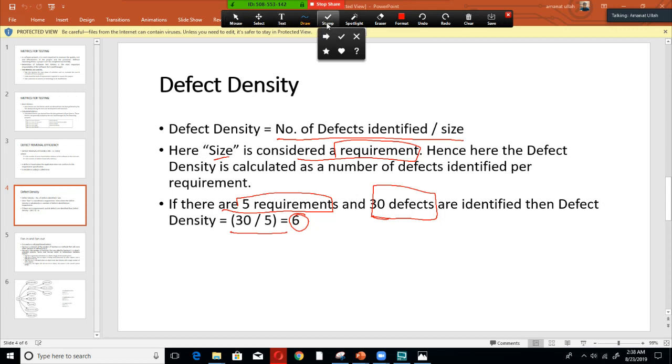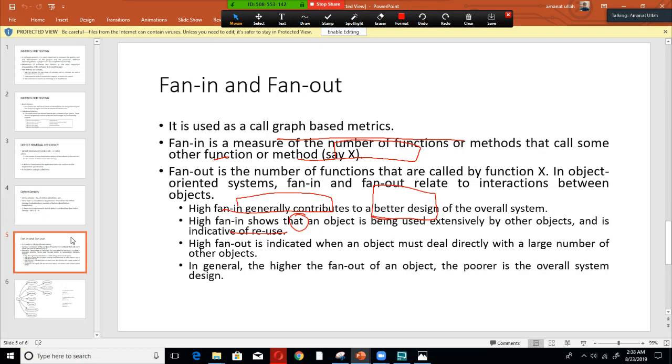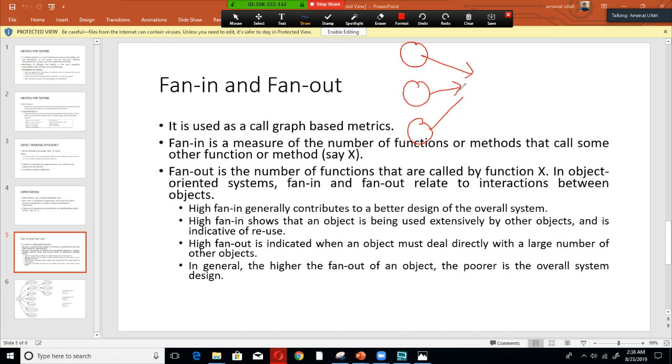Could be easy. For the next slide, we have to look at fan in and fan out. Fan in is the number of different modules calling a specific function. Fan in is good, so it makes the program more modular. Say you have a function named sum, and different parts of your system use the same function over and over again.